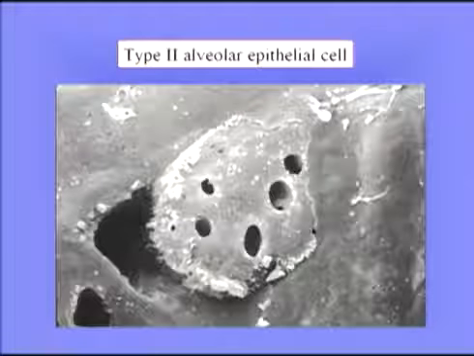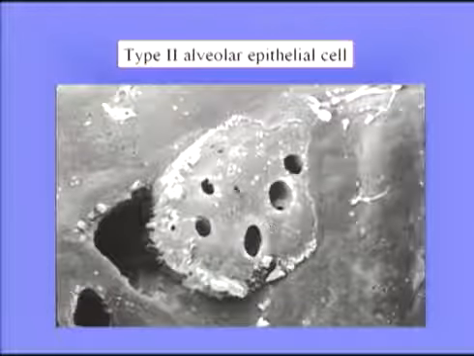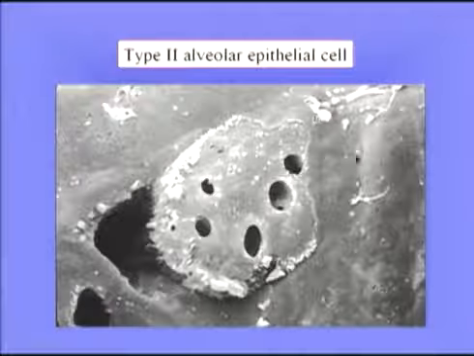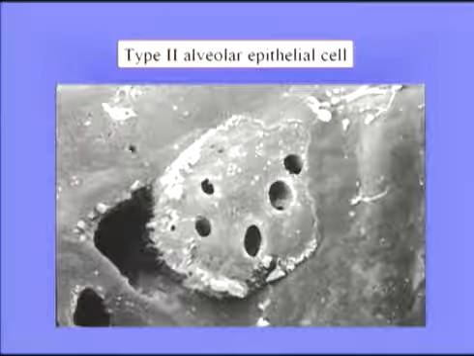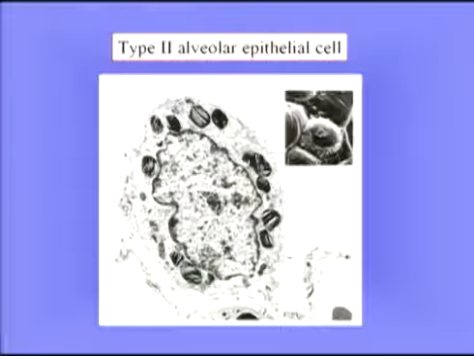This, by the way, is a very beautiful scanning electron micrograph because in the background we can see the type 1 cells very clearly. Let's have a quick look at a cross-section of a type 2 alveolar epithelial cell, and that's shown here. You can see this large nucleus and also these so-called laminated bodies in the cytoplasm here.